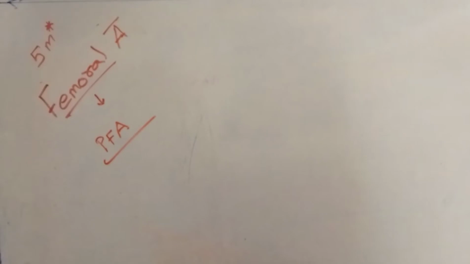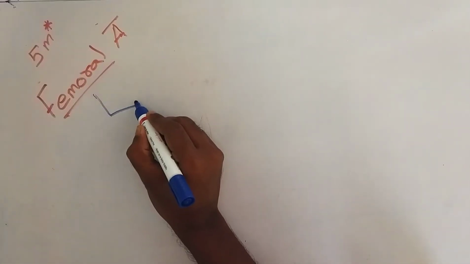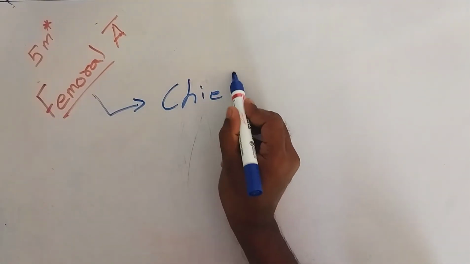Now coming to the class. The femoral artery is the chief artery in the lower limb.